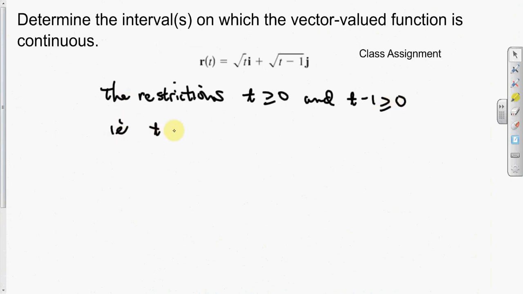That is t greater than or equal to 0, and t is greater than or equal to 1. The and is the intersection.